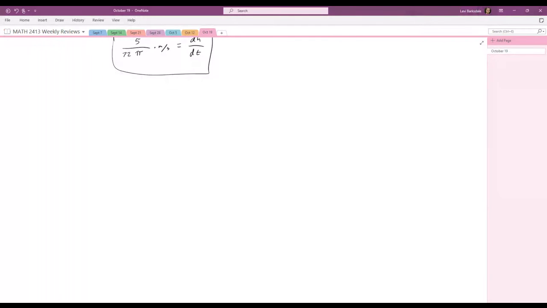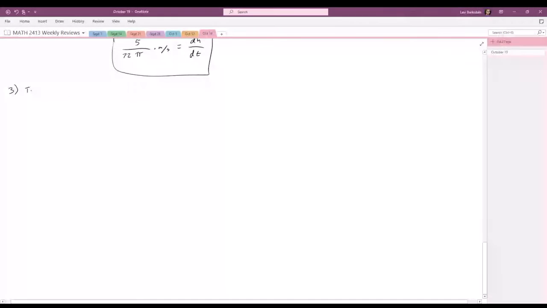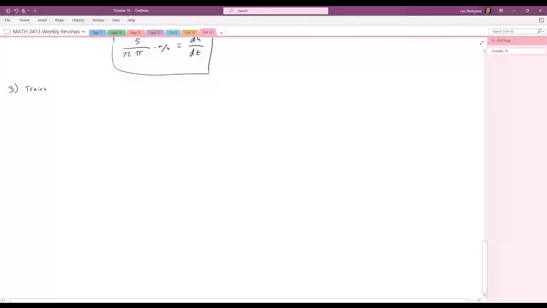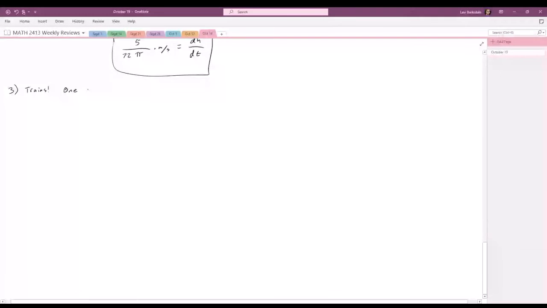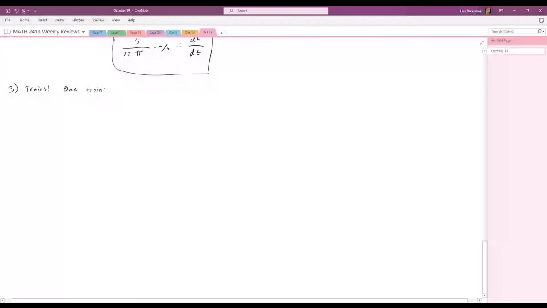All right. Let's see. So for this next practice problem, we're going to have some trains. Don't you need this for the train problem? Yes. So let's say that we have one train, and it goes north at 15 miles per hour.